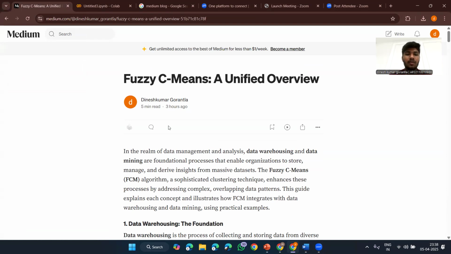First we will know what is meant by fuzzy C means. Before that we will go into data warehousing and data mining. In the realm of data management and customer analysis, data warehousing and data mining are the foundational processes that enable organizations to store, manage, and derive insights from massive data sets.